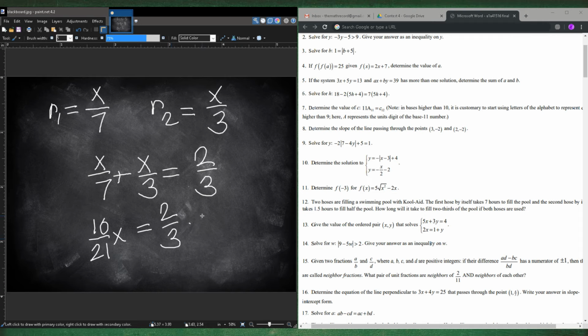Multiplying by 21 over 10, this part cancels out and makes 1. So 3 makes 7, divided by 2 is 5 here. So x is equal to 7 over 5 hours. So 7/5 hours is how long it takes.